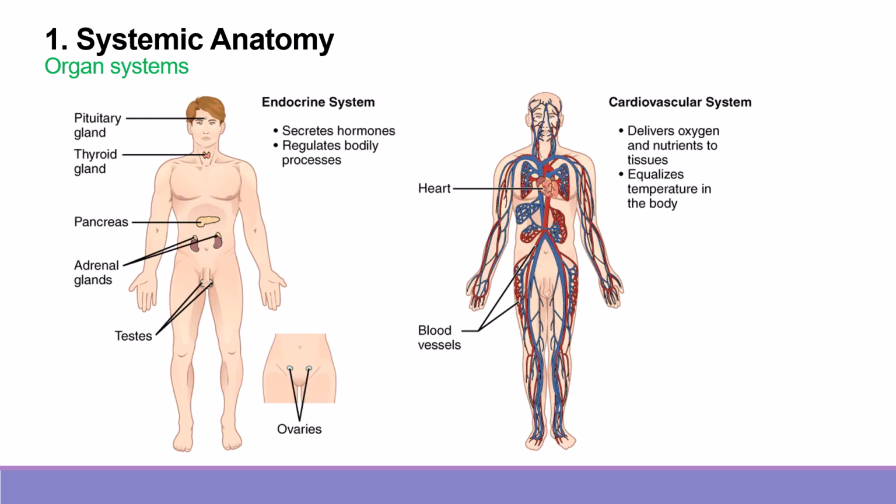Another important system is the endocrine system. The endocrine system is the organ system that produces hormones. Together, the nervous system and the endocrine system are the two major systems involved in maintaining homeostasis.